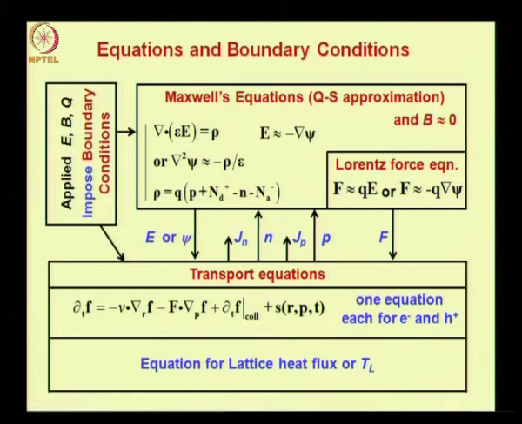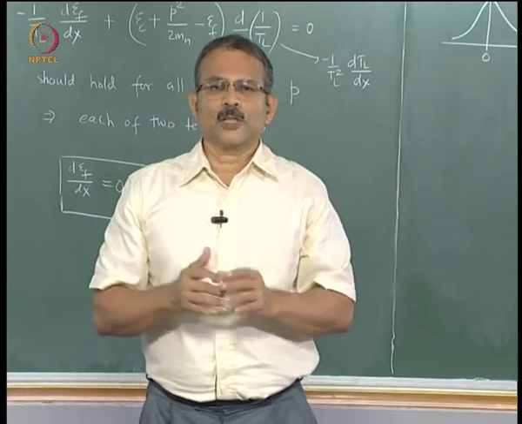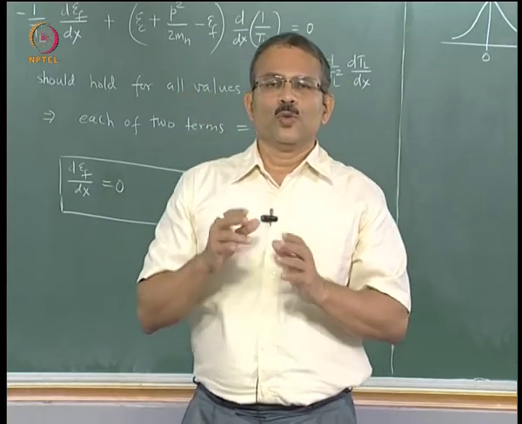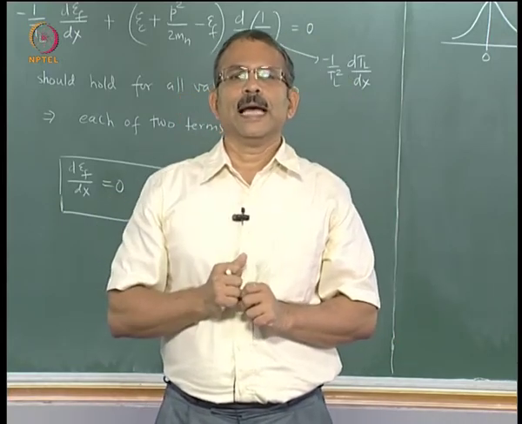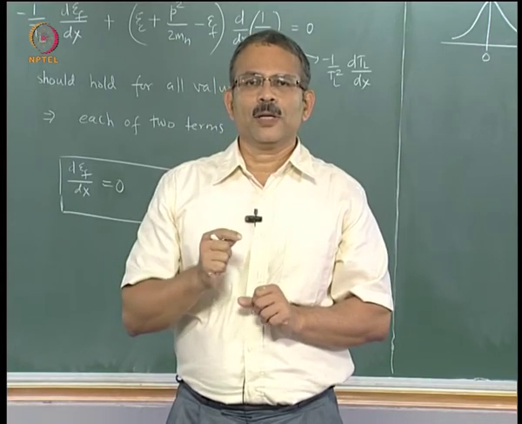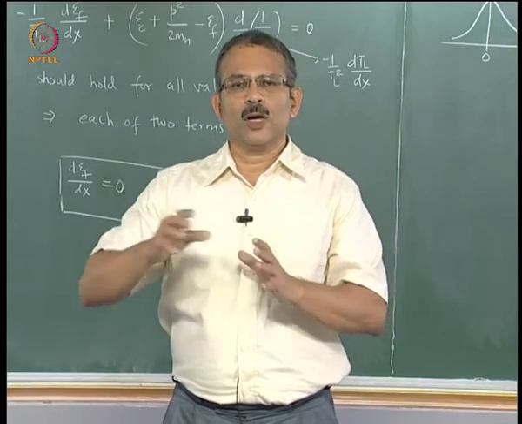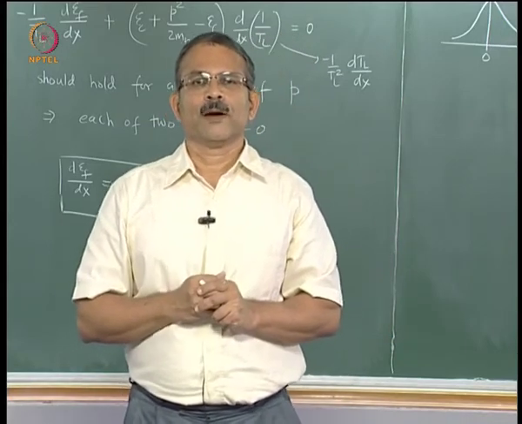Now what is interesting is to see that you need another equation here, and that is the equation for lattice heat flux, or T L. This is because in our displaced Maxwellian approximation you find the carrier temperature Tn coming there in the distribution function, and therefore you need to know that carrier temperature if you want to solve various quantities of interest.